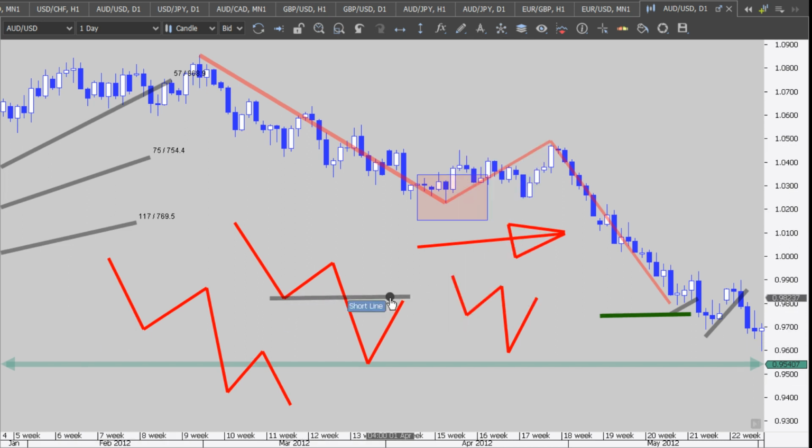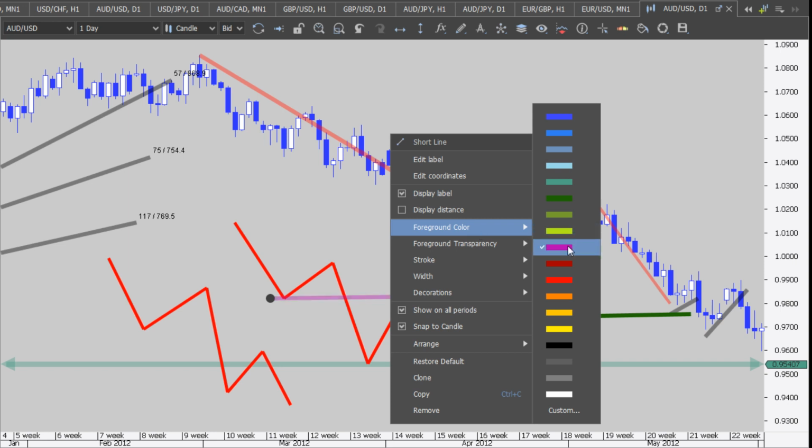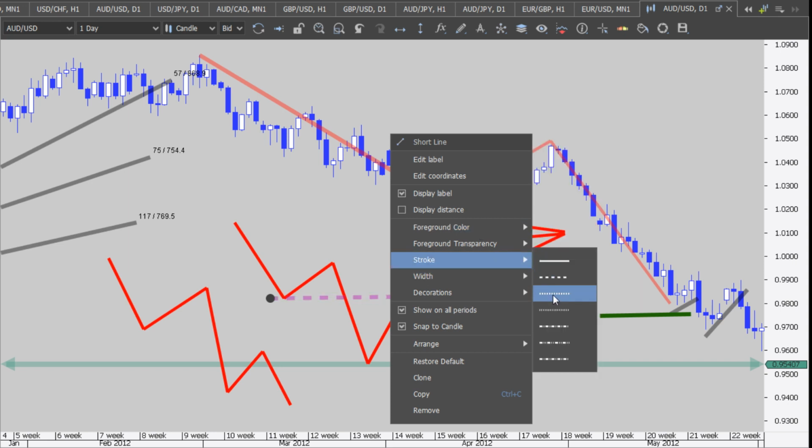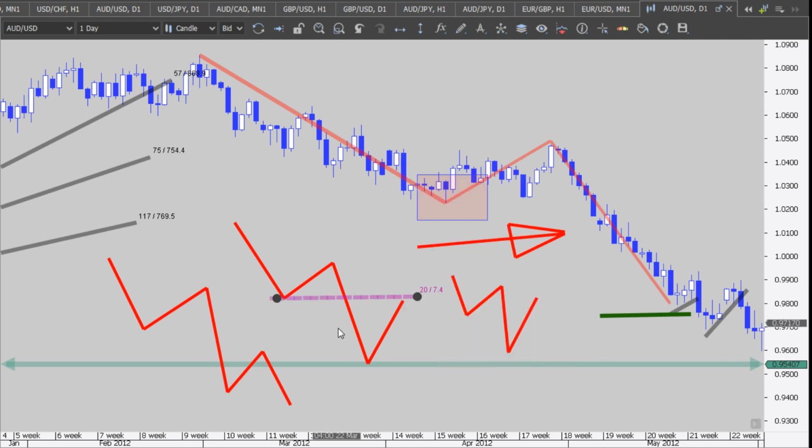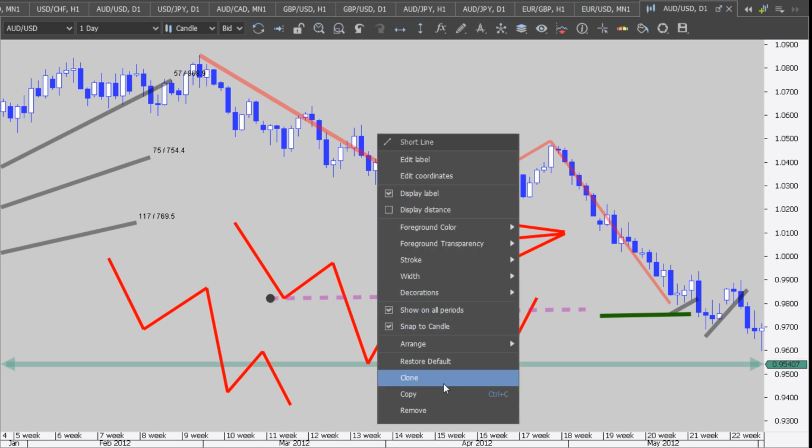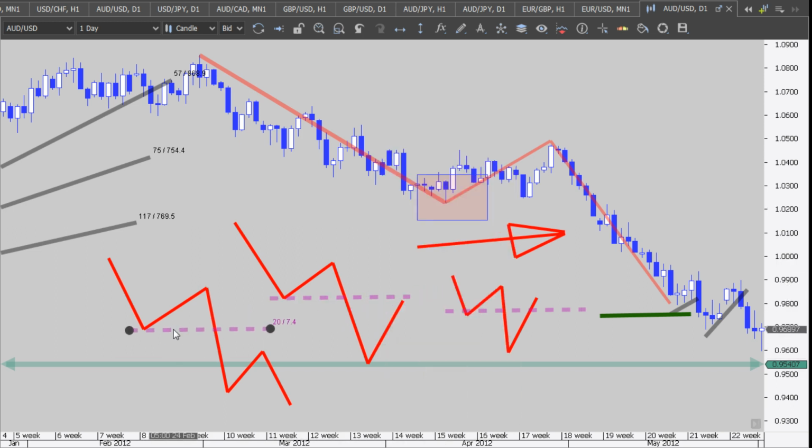We learned this in the previous webinars, how the market works. Sometimes it's going to break through, and sometimes it's not going to touch the resistance. So we don't know what is going to happen.